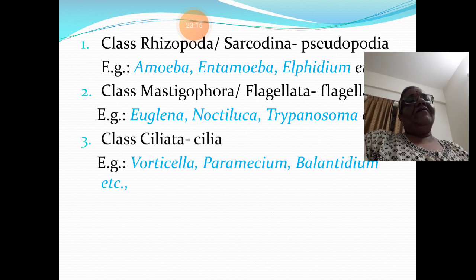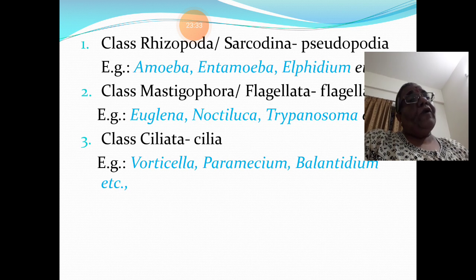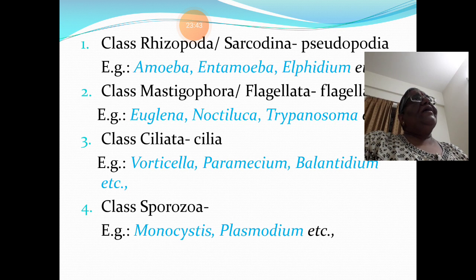Then, the third class is class Ciliata, where the locomotory organs are cilia. Best example, Vorticella, which belongs to the order Peritricha. Then Paramecium, which belongs to the order Holotricha. And then Balantidium coli, a parasite living in the rectum of frog. Then the fourth one, class Sporozoa, where you don't find any locomotory organs because basically they are all parasites.